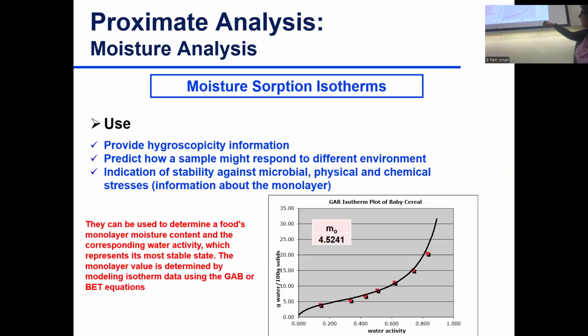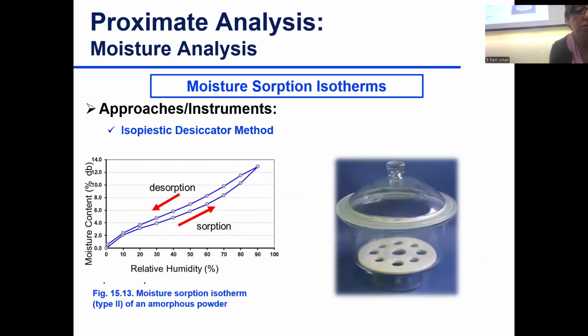And then we determined empirically the monolayer and extrapolated the water activity at that monolayer. So the desiccator method is what I just explained to you.